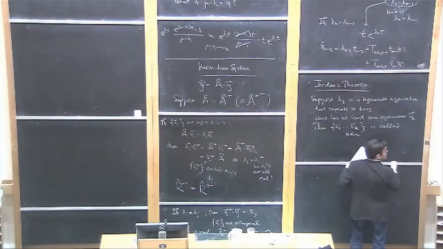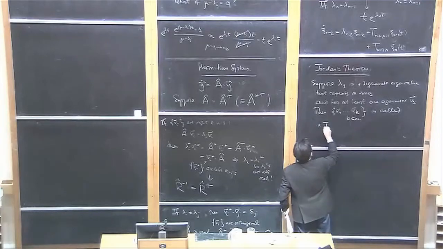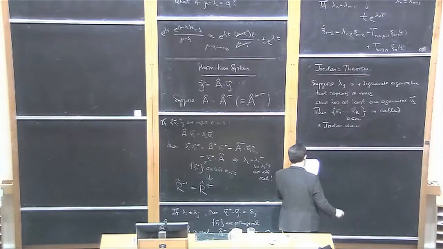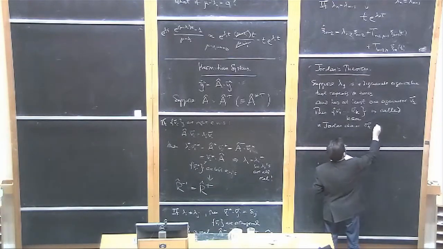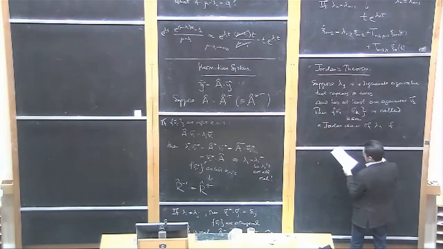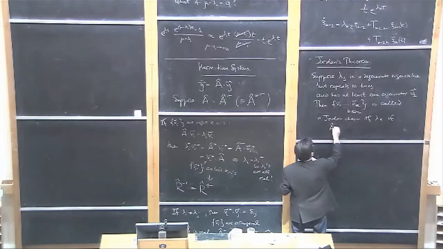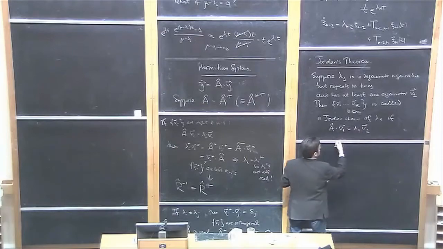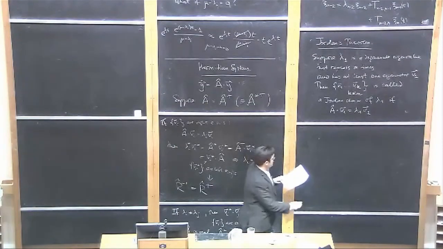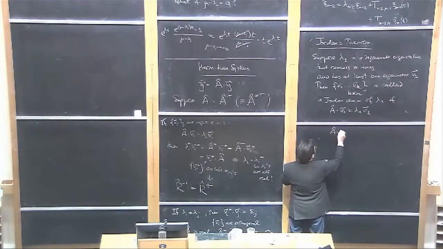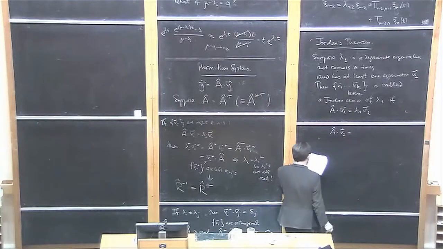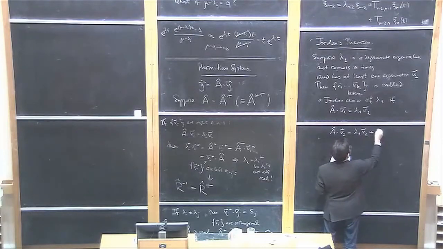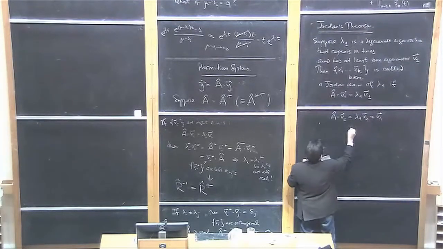So this is called a Jordan chain of lambda 1 if, so this is how we define them. This is the statement that V1 is the eigenvector. And then A dot V2 is going to be equal to lambda V2 plus V1, and so on.